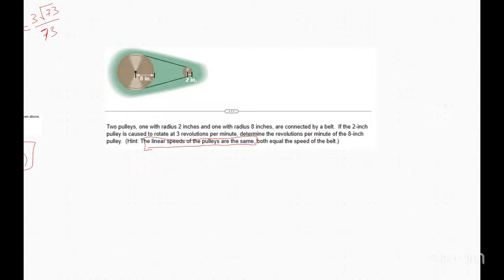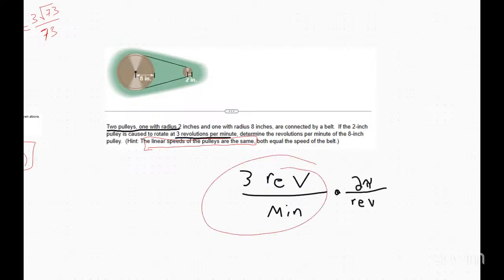Okay. So 3 revolutions per minute. And I know to turn this into radians. Yeah, so we're going to go from this to linear speed, and then go from linear speed to angular speed for the other one.